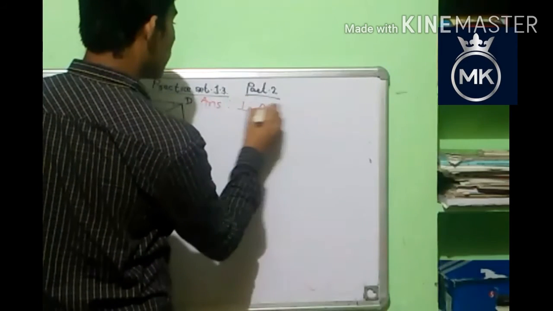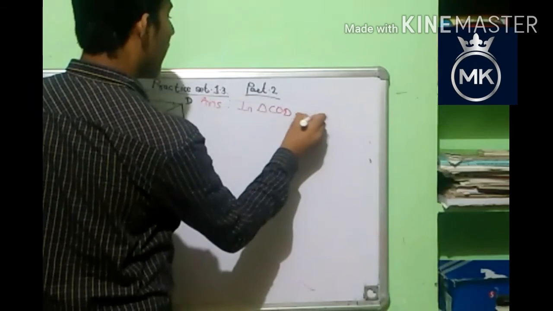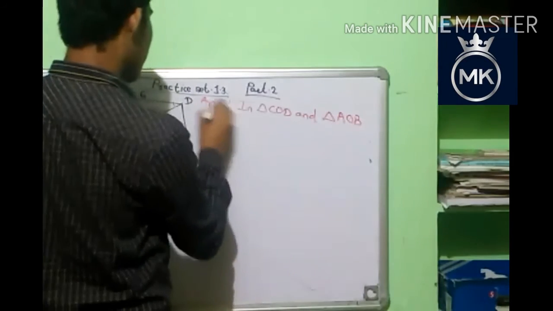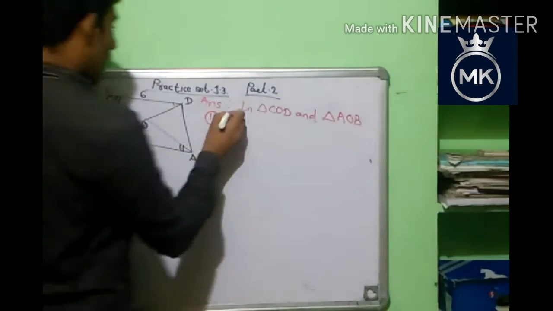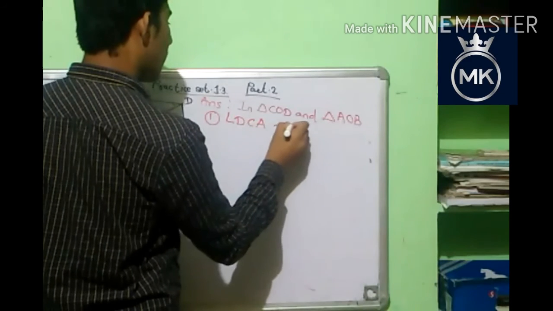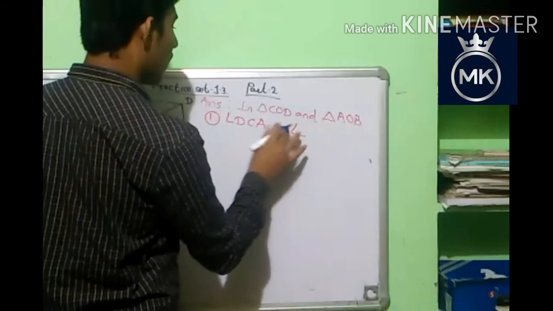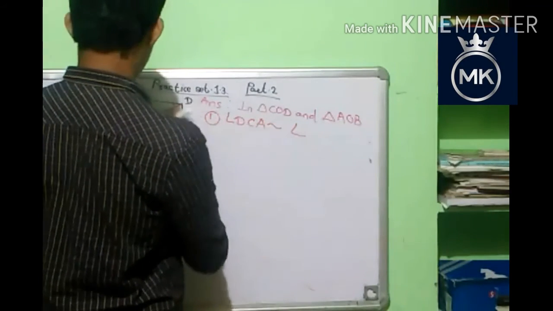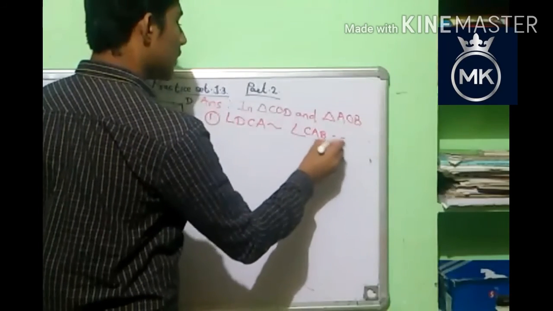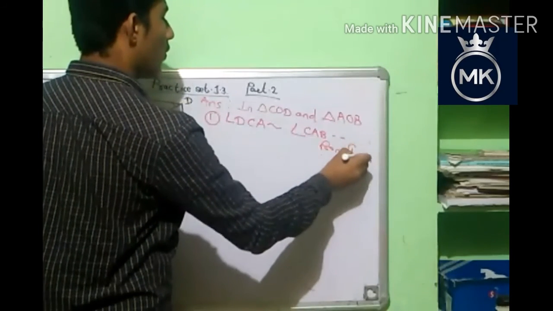In triangle COD and triangle AOB, the first pair is angle DCA congruent to angle CAB, with the reason from 2.